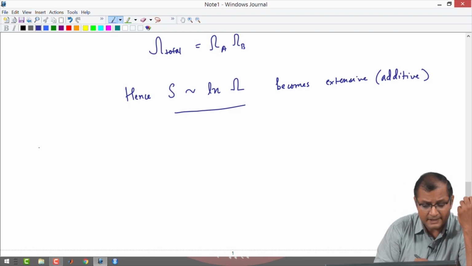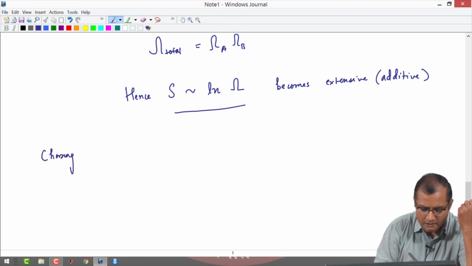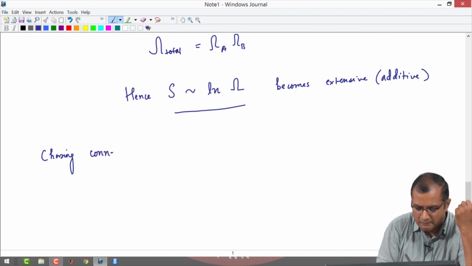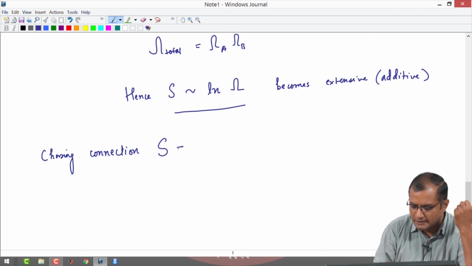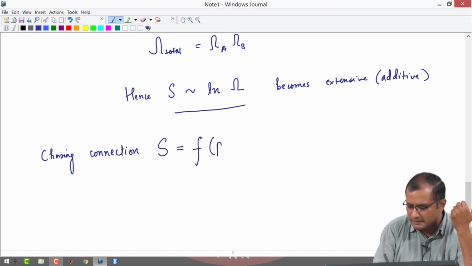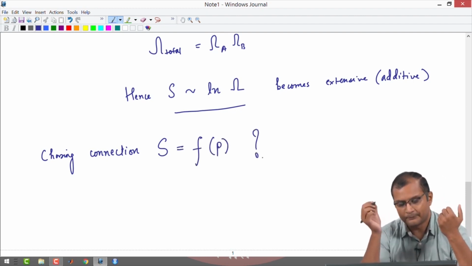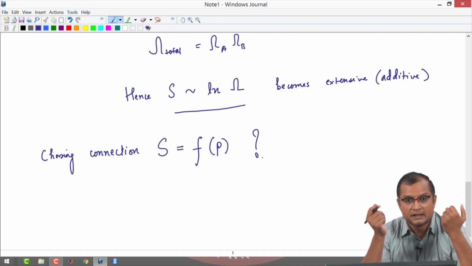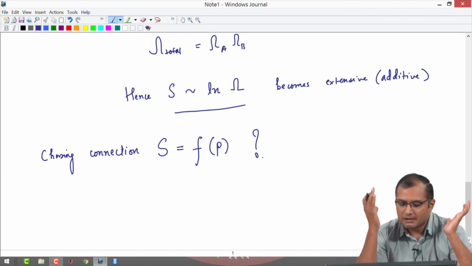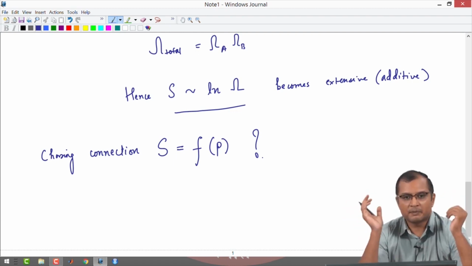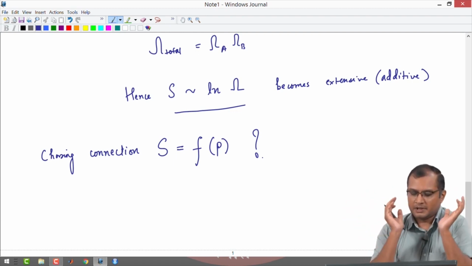Now, like I said, we are chasing a connection between entropy and probability. Okay, this is the next task. So I have just explained why entropy is logarithmically related to the number of states.